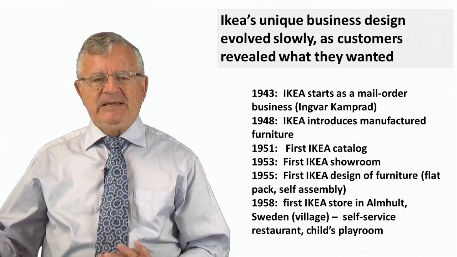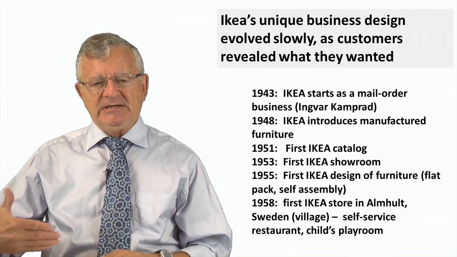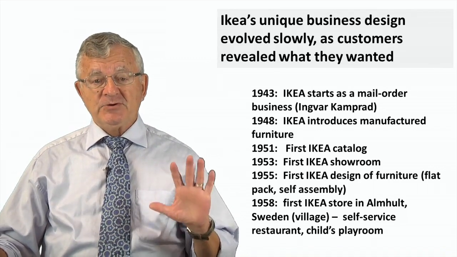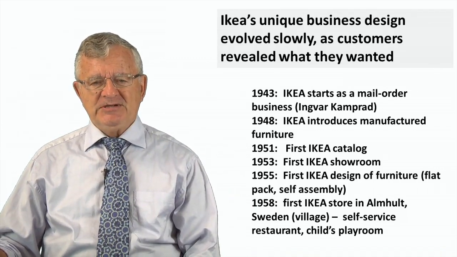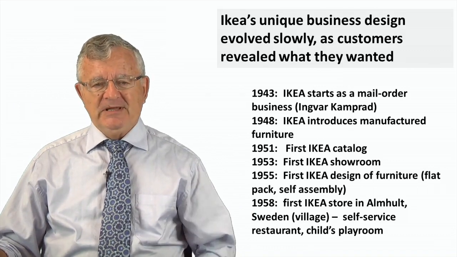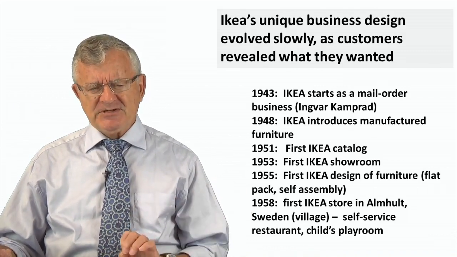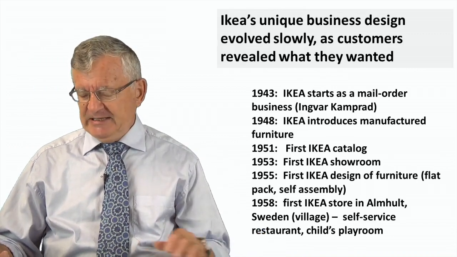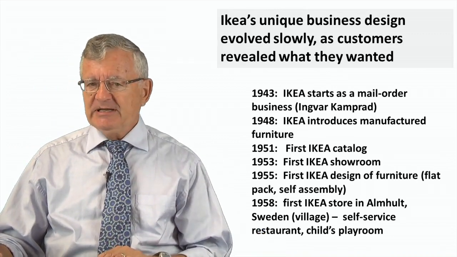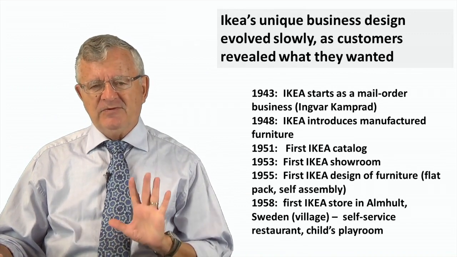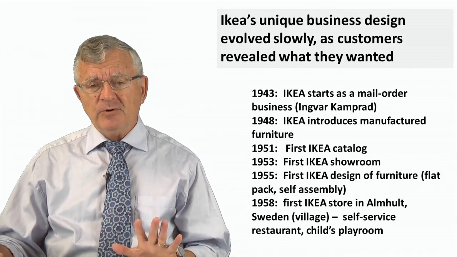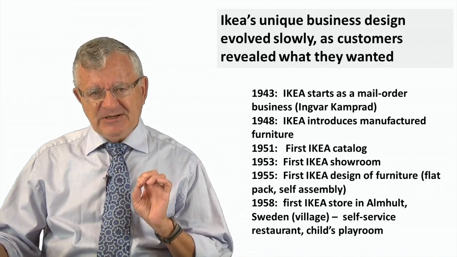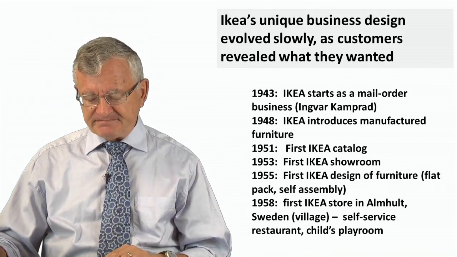It's evolving as IKEA understands the market and creates a unique value profile. And then the first IKEA store was in Älmhult, Sweden, a village, which included the self-service restaurant and a children's playroom. And that was a prototype, and of course later this is spread throughout the world as a powerful and unique value-creating formula. Other chains have tried to copy it, I must say, not with huge success.